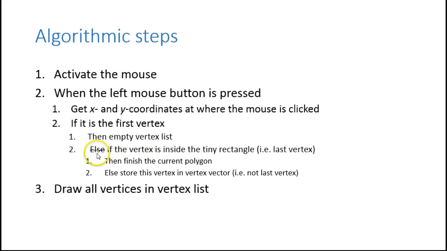This else, I put a strike through here because if you really did this as an else, this wouldn't work. If you've clicked on the first vertex, you want to store that first vertex somewhere.